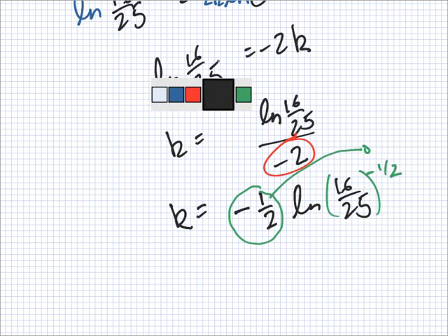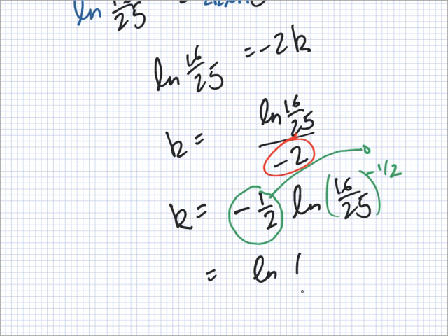So, I wonder, if you were to type in just 16 over 25 to the power minus a half, your calculator might be able to give you the answer here. No, don't type the ln, we need to keep the ln. Will your calculator say 5 over 4?